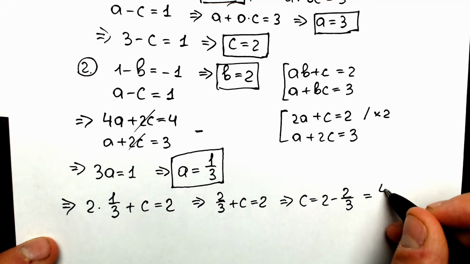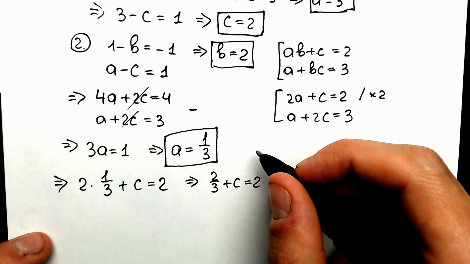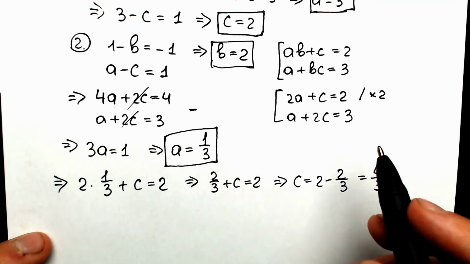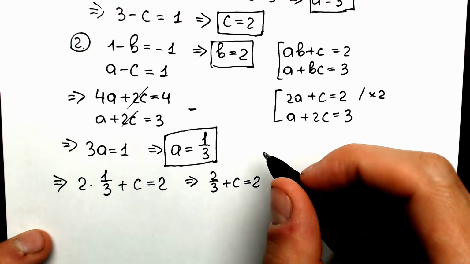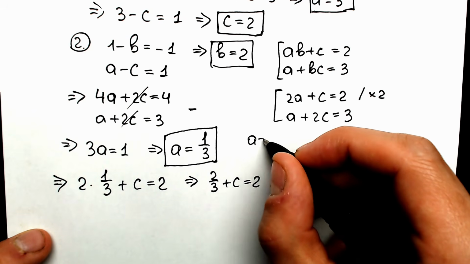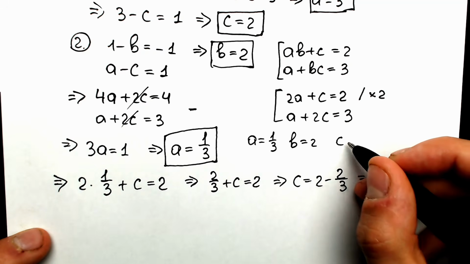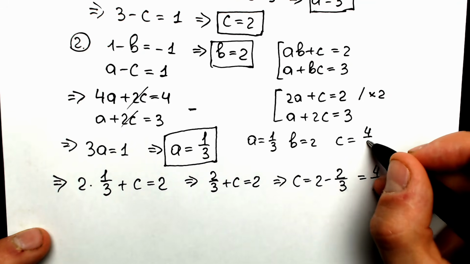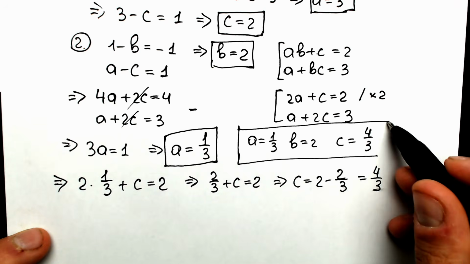So basically our second pair, we have a equal to 1/3, b equal to 2, and c equal to 4/3. This is our second pair of roots.